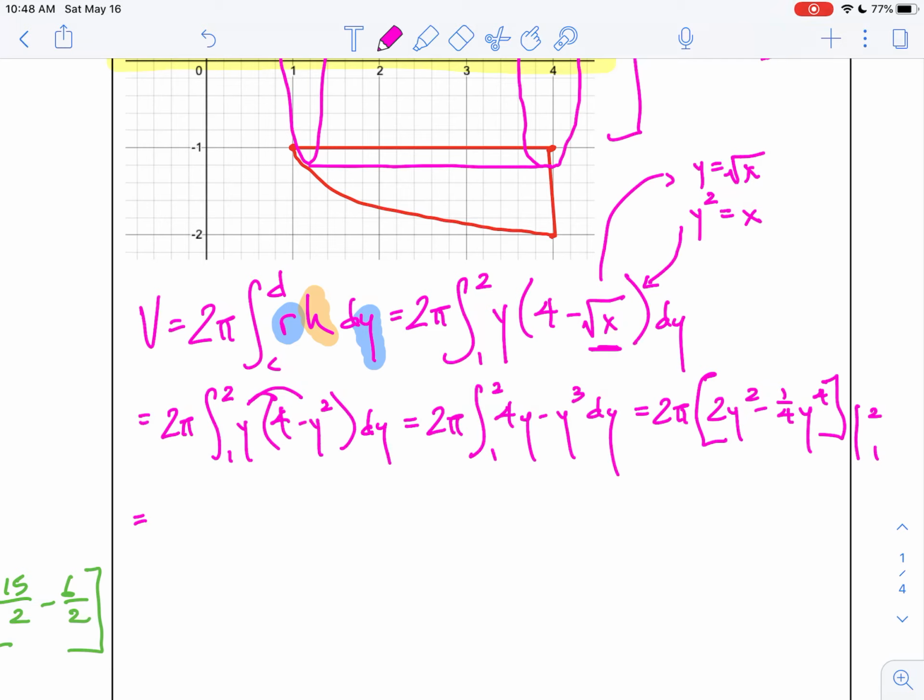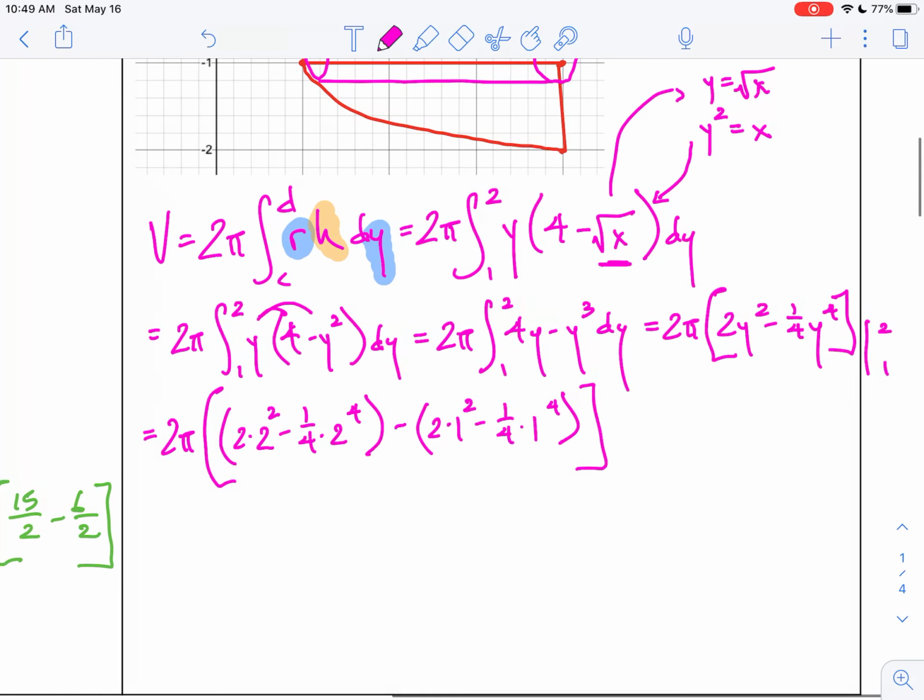All right, let's plug in our bounds. So I've got 2 pi all the way on the outside, and then I have 2 times 2 squared minus 1/4 times 2 to the 4th, minus 2 times 1 squared minus 1/4 times 1 to the 4th.